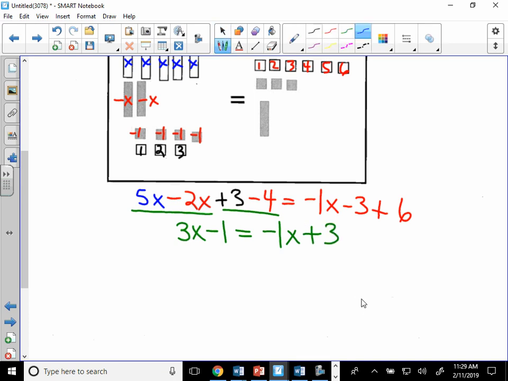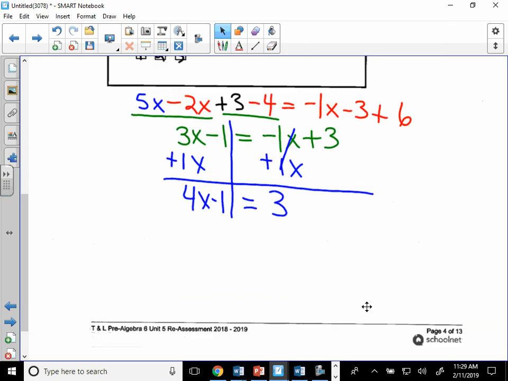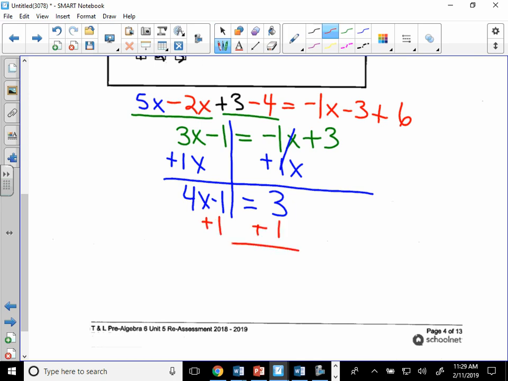All right, let's add 1x to both sides. This is 4x minus 1 equals 3. Let's add 1 to both sides.